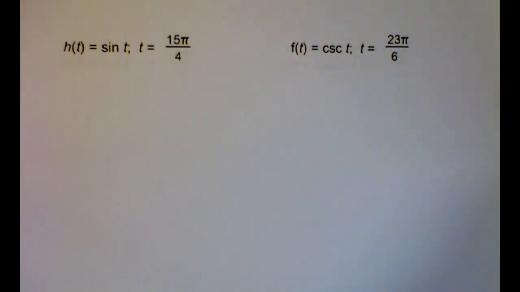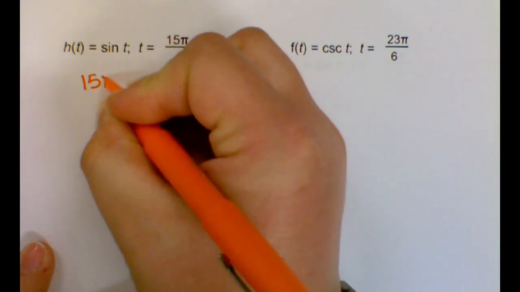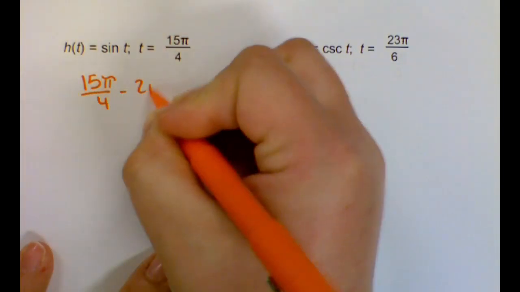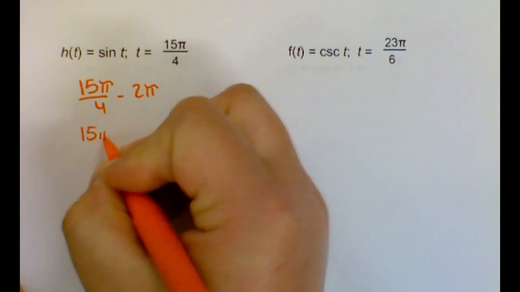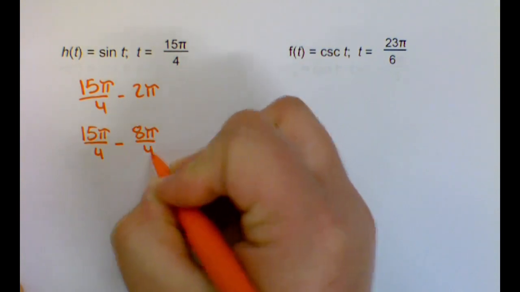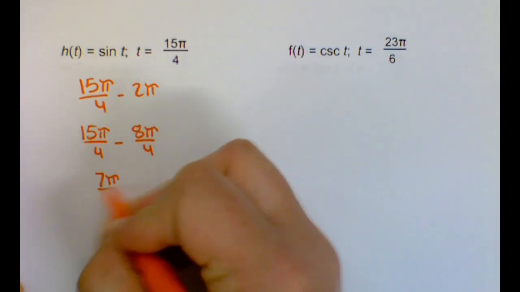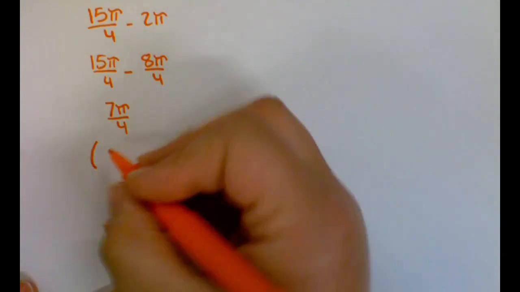So the sine of 15 pi over 4. Well, I find 15 pi over 4. It's not on the unit circle. So we find an angle that is. We subtract 2 pi because 15 pi over 4 is too big. Turn that into pi over 4s, though. That's 8 pi over 4. So I get 7 pi over 4. So I'm going to find the sine of 7 pi over 4. Start with those coordinates.